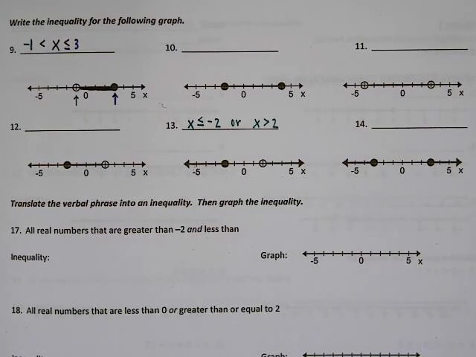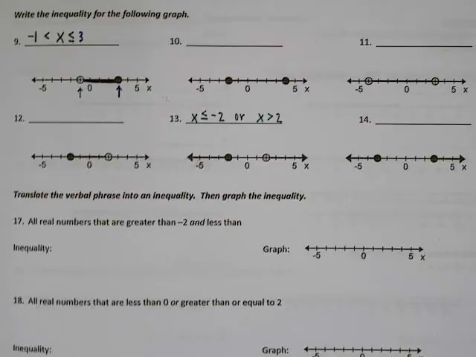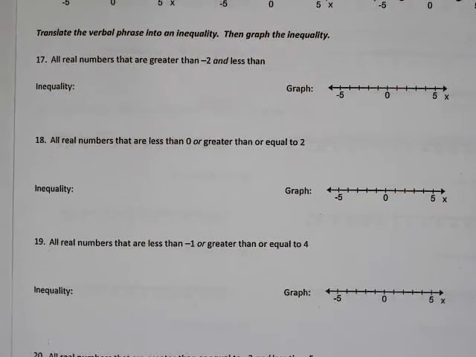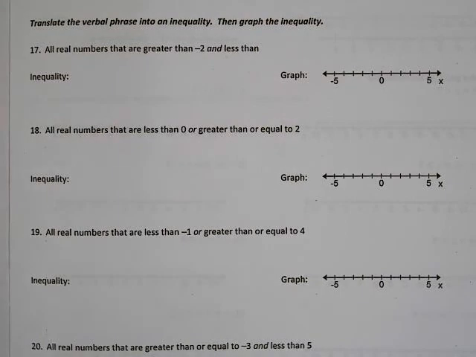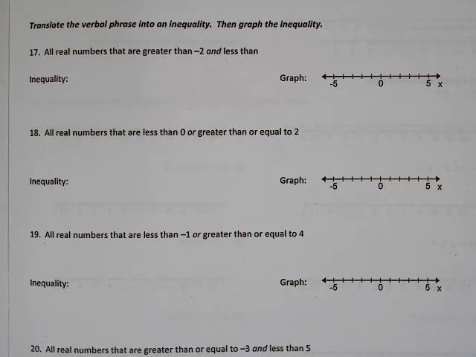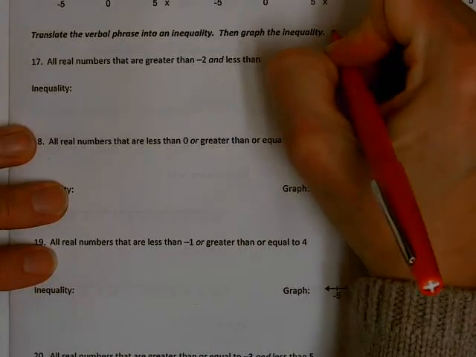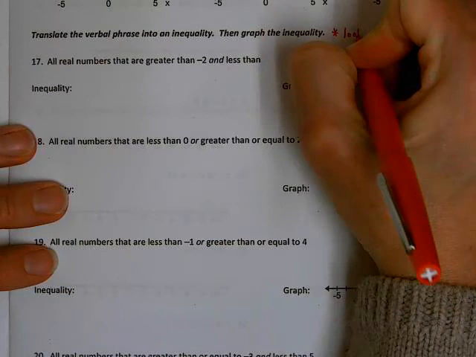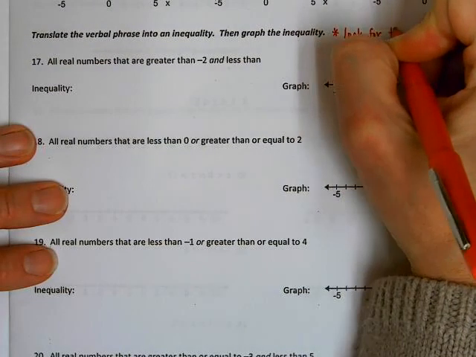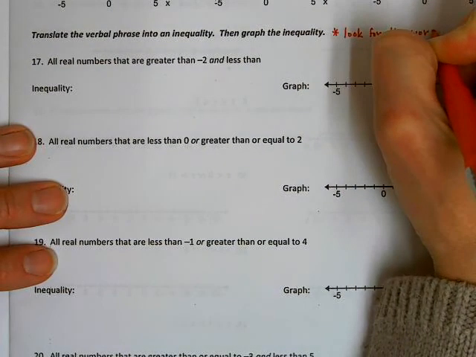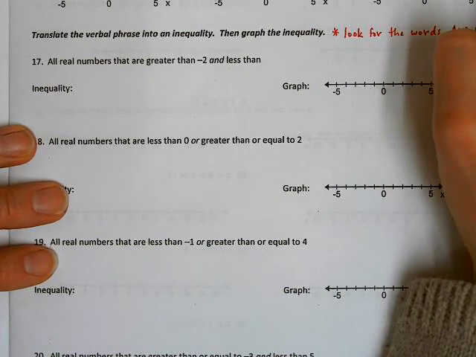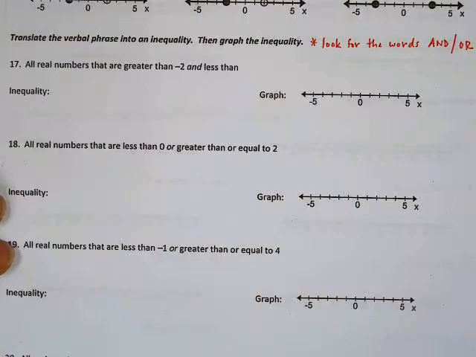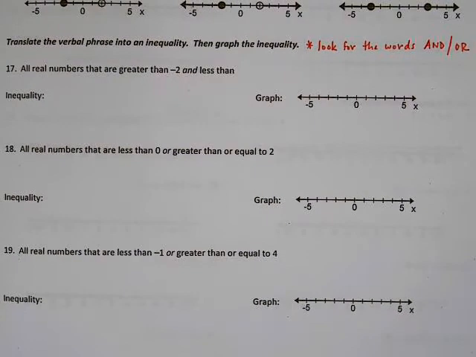All right, last thing we need to be able to do is to actually translate a phrase into an inequality, and then we're going to graph it. So we'll do a couple of these, and then we'll be set. Now, the key here when we're translating, we need to make sure we look for the words and, or, because that's going to tell us what kind of inequality we have.